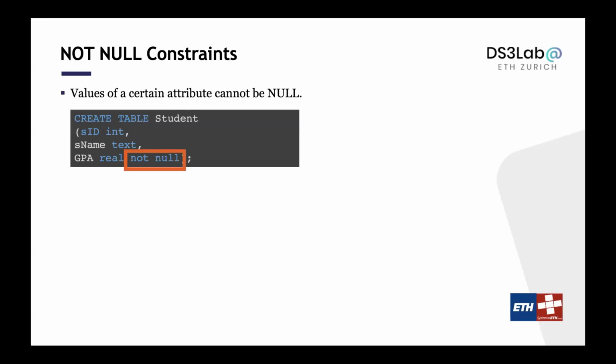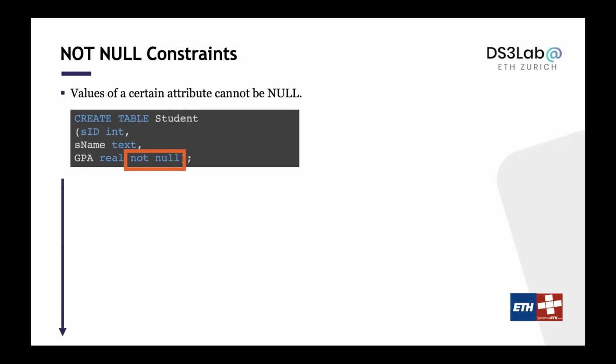Here you are defining a table student with three attributes: SID, student name, and GPA. Whenever you are defining GPA, you can follow it by not null. If you do this, you are defining the constraint that whatever data you put in the database, I do not want a null value in the GPA column. If you give me a piece of data with a null value in the GPA column, I'm going to throw an error.